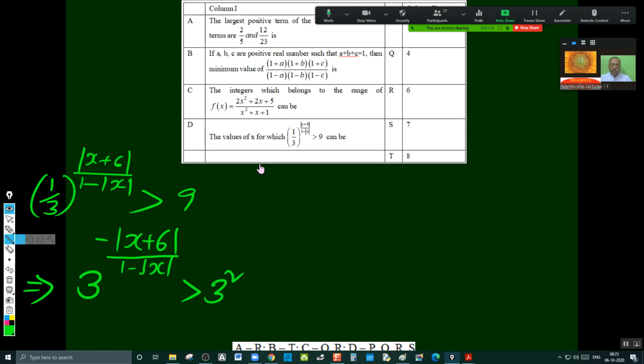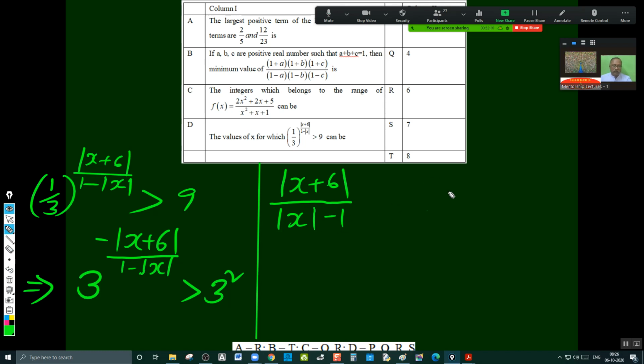And thereby this becomes modulus of x plus 6 whole divided by modulus of x minus 1 greater than 2.